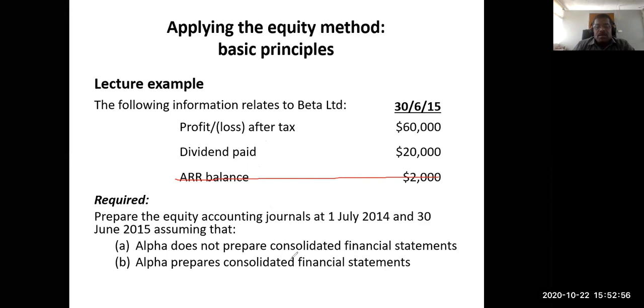Okay, what we can do is, Alpha does not prepare consolidated financial statements. If Alpha is not a parent, under the equity method the initial cost is 80,000. You can remember 80,000, right? And 60 is the profit.